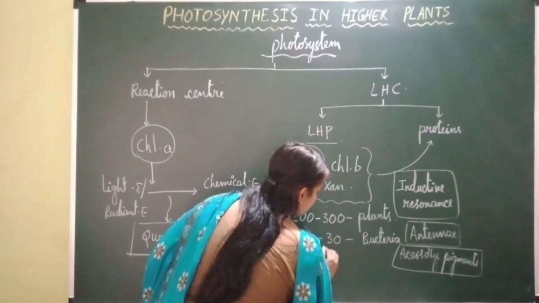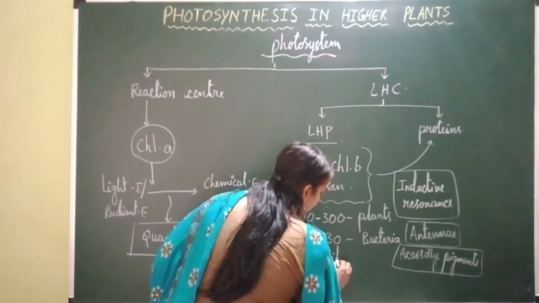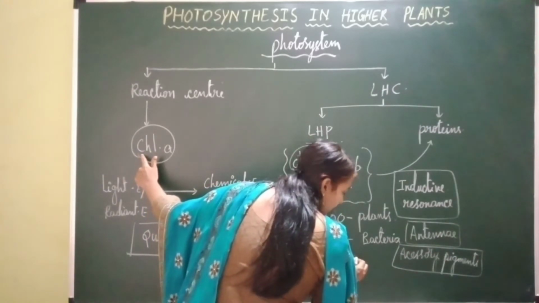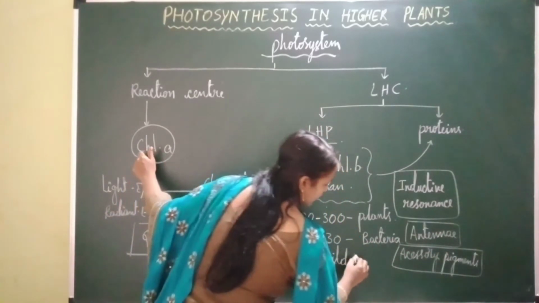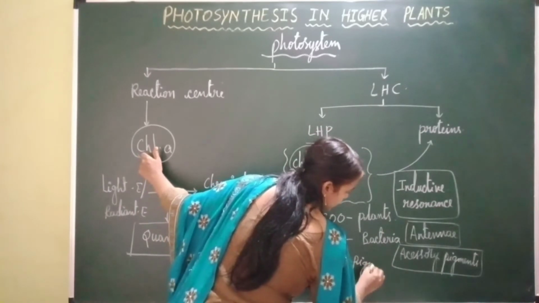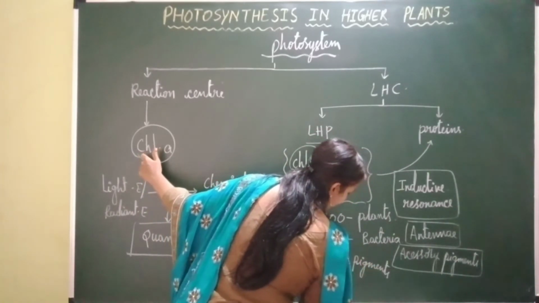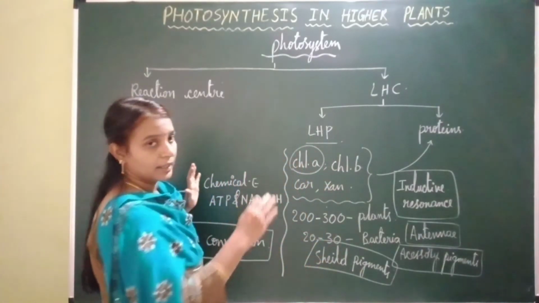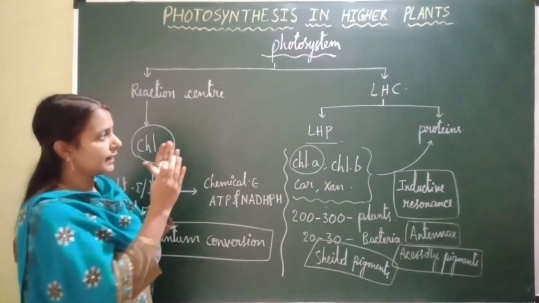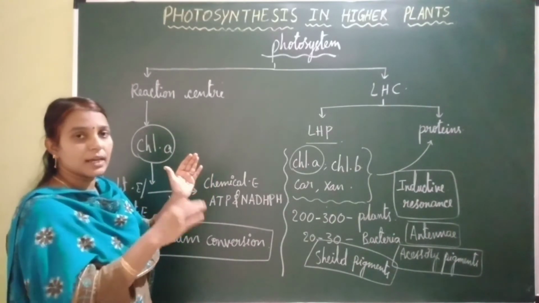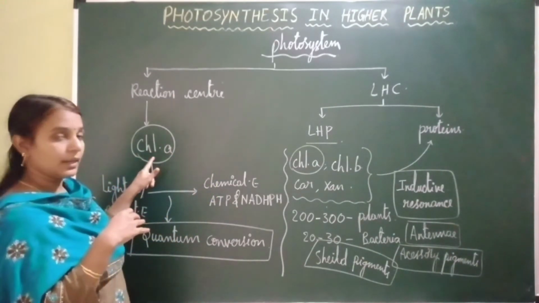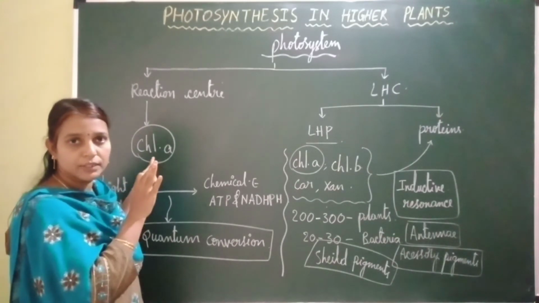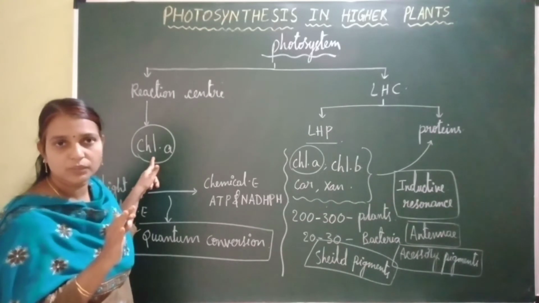Shield pigments, because they protect the chlorophyll A which forms the reaction center from photooxidation. The light harvesting pigments present in the light harvesting complex, around the chlorophyll A of the reaction center, shield it. So what is this photooxidation?